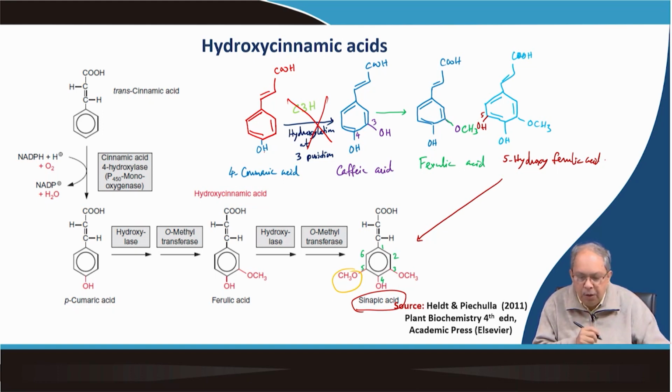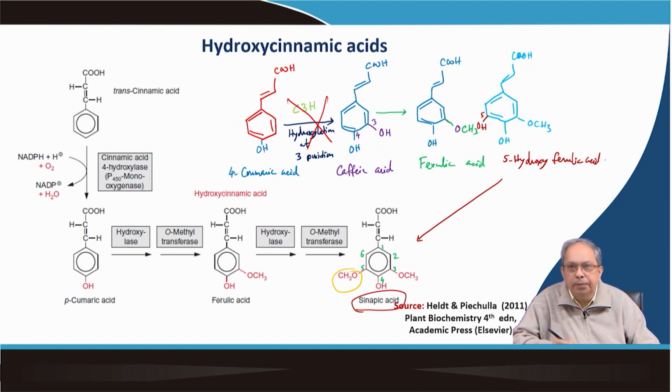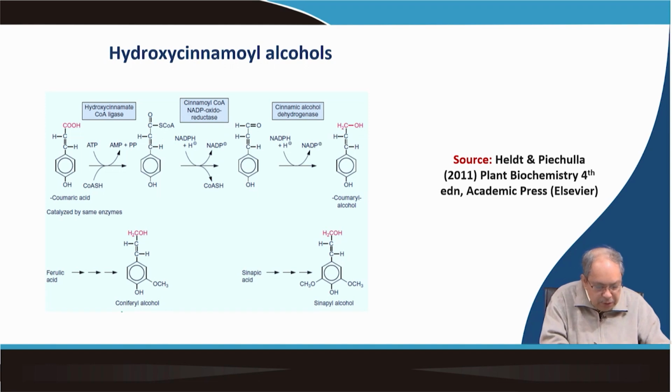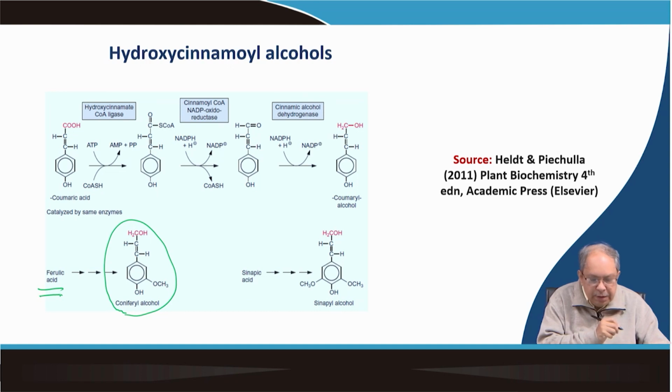These are all the hydroxycinnamic acids, and it was thought that they act as precursors for several phenolic compounds, including the monolignols. Hydroxycinnamyl alcohols are the monolignols, because these are the precursors. One is coniferyl alcohol, which comes from ferulic acid.